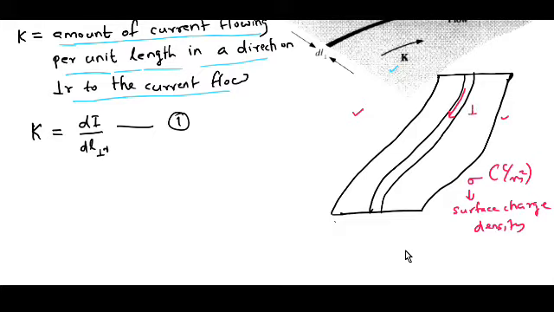This is the amount of current, that is the rate of flow of charge, through this conducting sheet. Now consider a small length element that is perpendicular to the direction of the current flow. Here, this length is exactly the length perpendicular to the current flow. This is the length dl perpendicular.